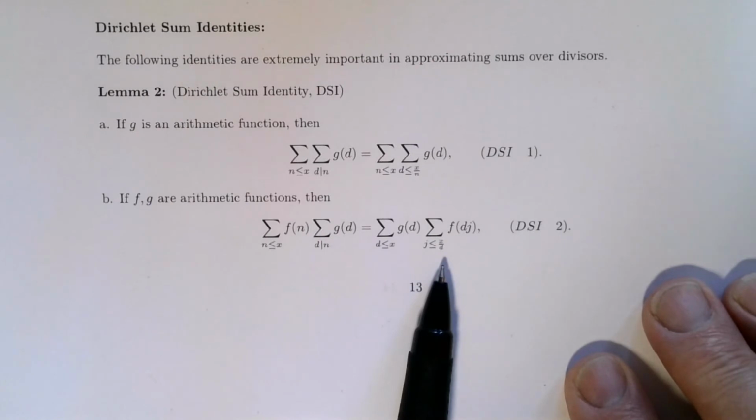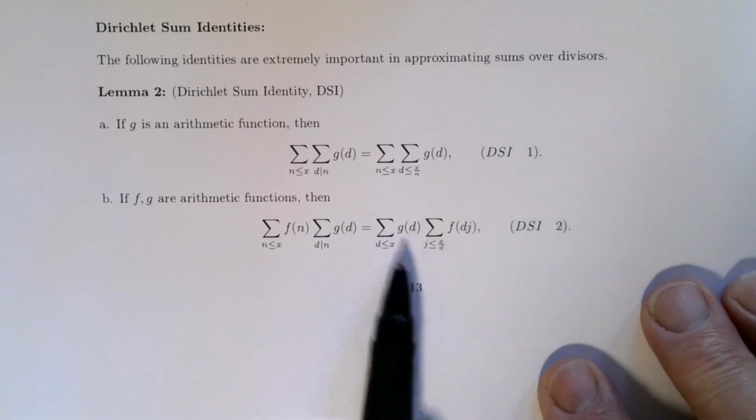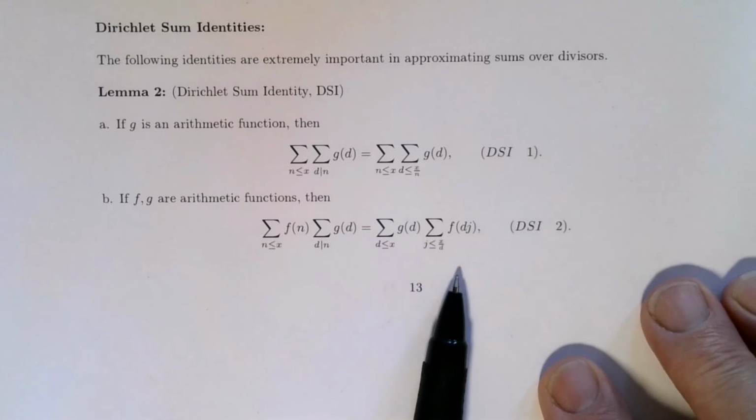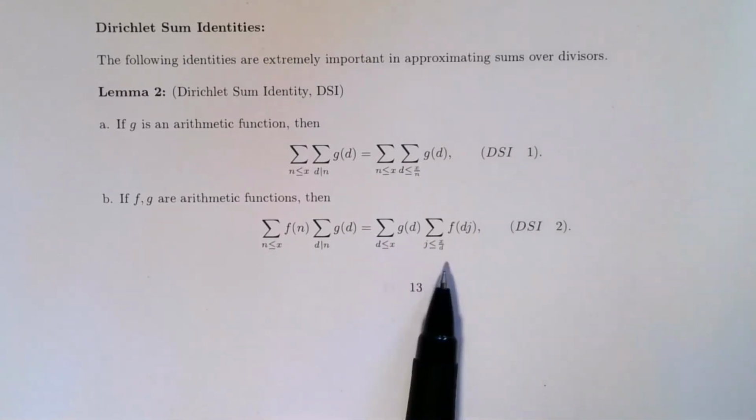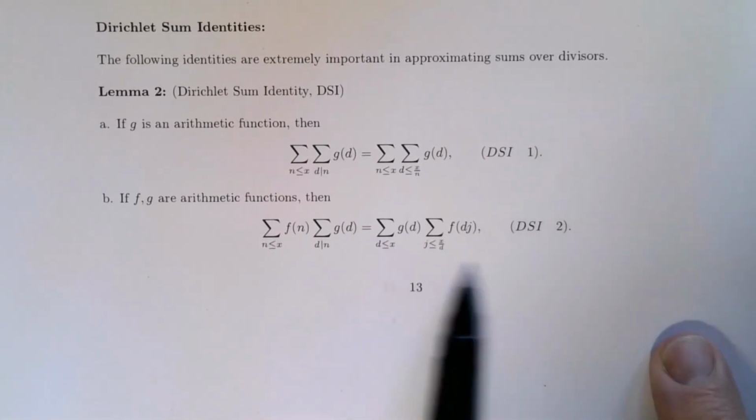Now these look complicated, and they are. They're not easy to get your head around, but they're very, very useful. You'll see when we actually apply these and put some actual functions in here, these turn out to be extremely useful identities. So DS1, DS2.